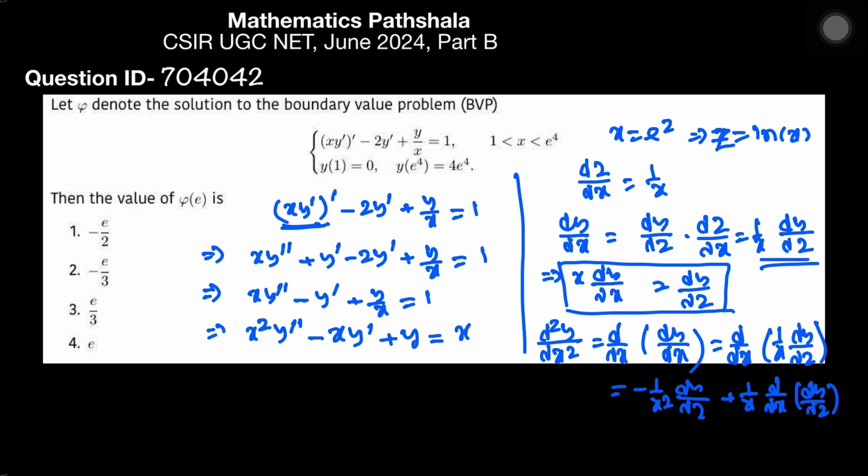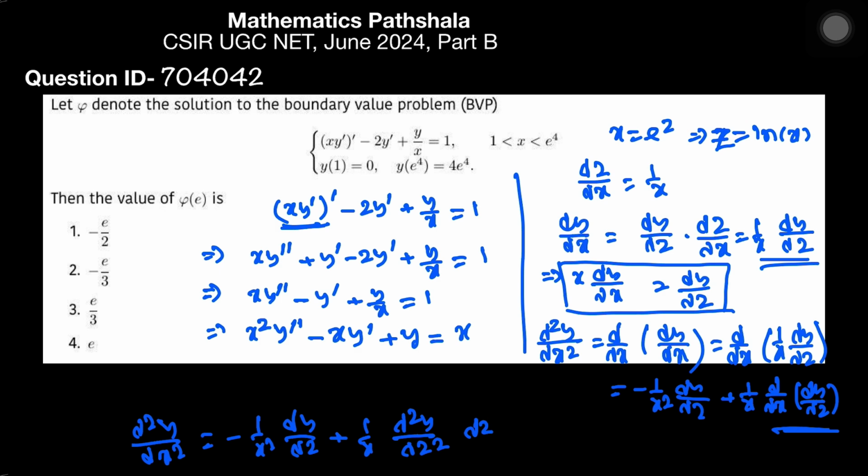Now d²y/dx² = -(1/x²) dy/dz + (1/x) d²y/dz² times dz/dx. dz/dx is 1/x, so basically we get -(1/x²) dy/dz + (1/x²) d²y/dz².